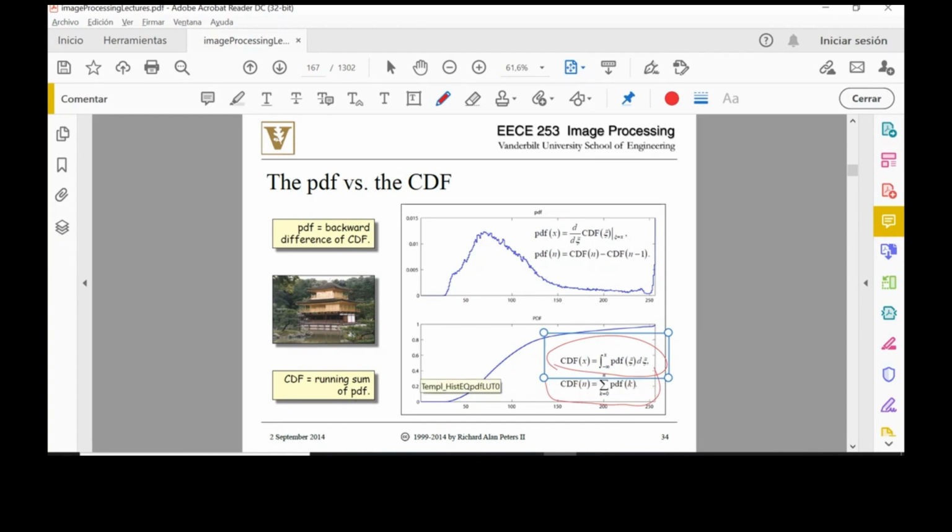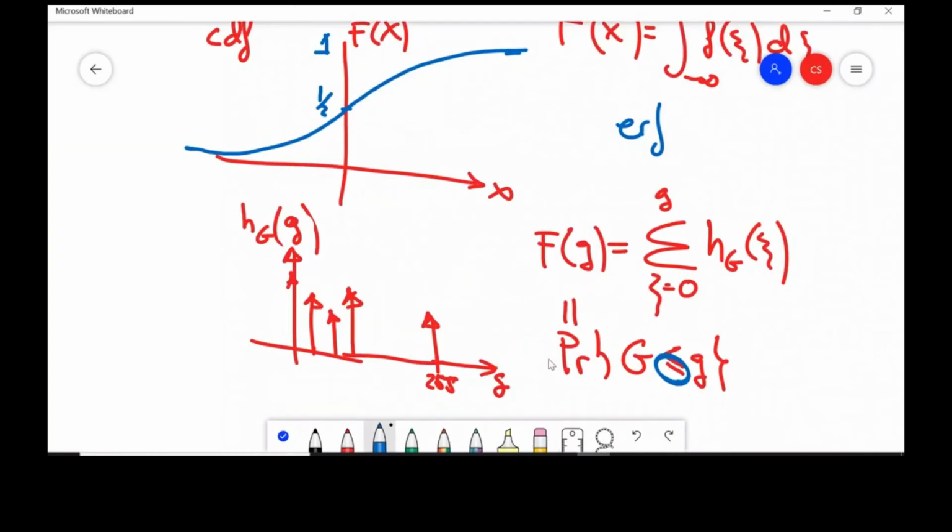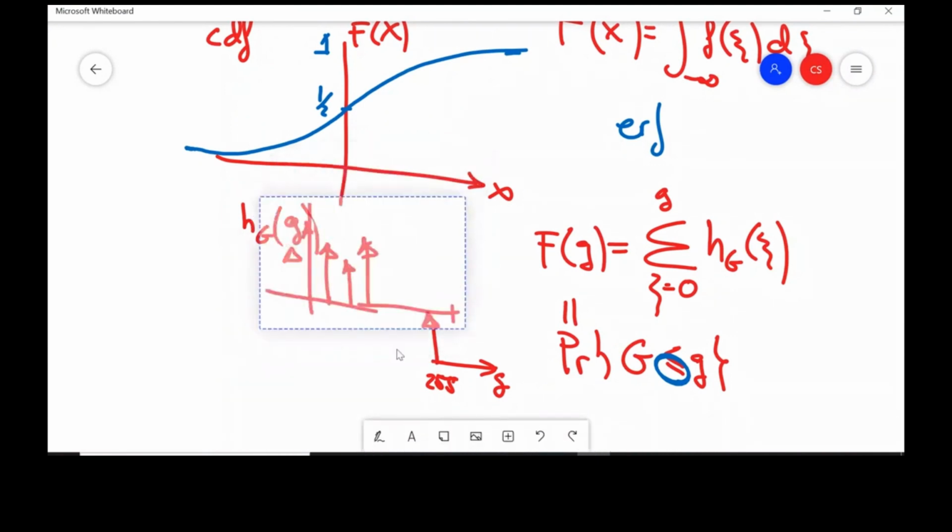This is the continuous case, this is the discrete case. What about the opposite?